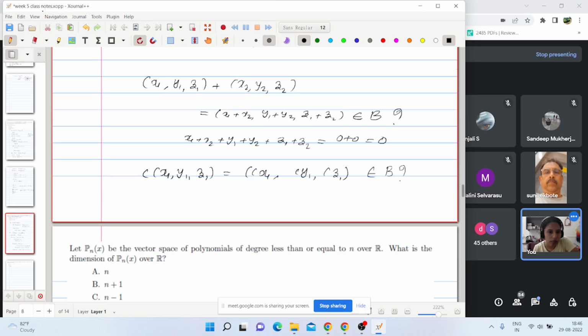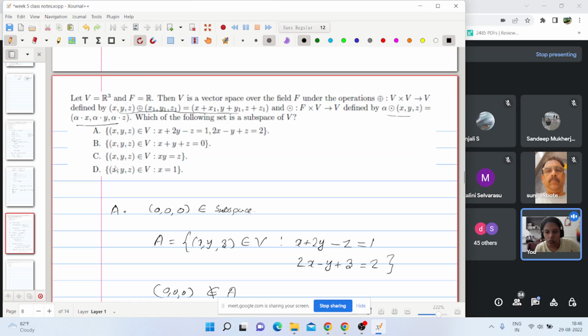Yes, again it belongs to B, because the summation means C into x1 plus y1 plus z1, and this is 0, so it is C into 0. Whatever the value of C, it will be 0. So in both conditions, the summation and the scalar multiplication belong to B. That means B is a subspace.